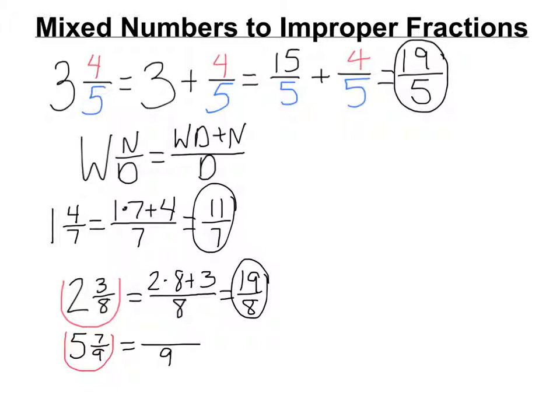Up top, it's going to be 5 times 9 plus the 7. 5 times 9 is 45, plus 7 is 52. So 5 and 7/9 is 52/9. Moving on in 3, 2, 1.